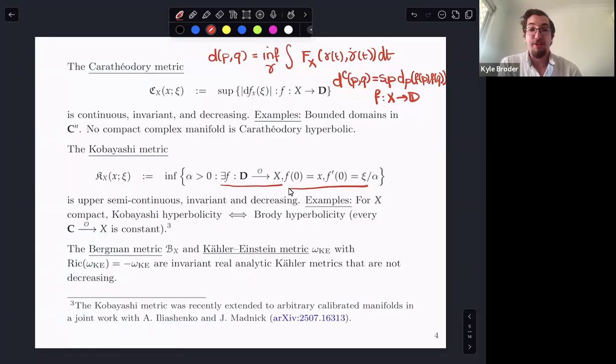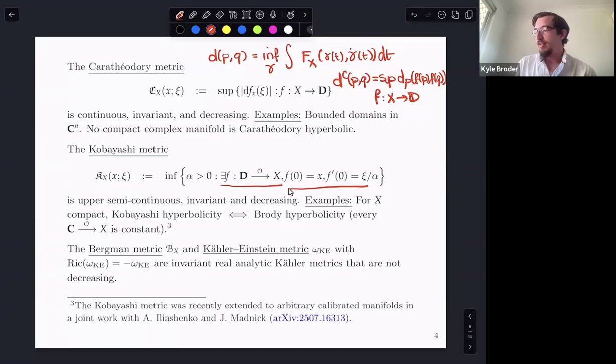But both of these metrics are not very nice to work with in many ways because they're Finsler. Their irregularity is terrible, but they do have very nice properties. I mean, they're invariant and decreasing, and you have this characterization of Brody hyperbolicity in terms of this Kobayashi pseudometric, for instance.